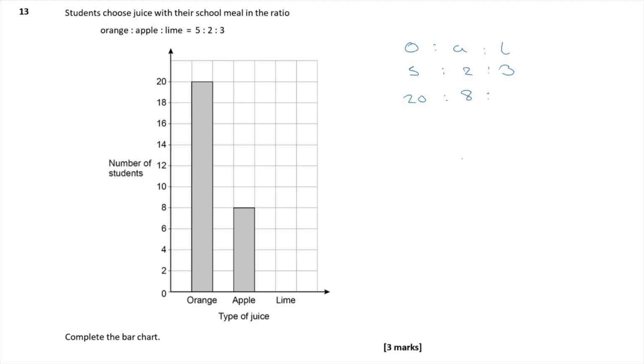So from the basic ratio, how many times do I have to multiply up to get the actual number of students who had that drink? Well, you can see that 20 is 4 times bigger than 5, as is 8 and 2. 2 times 4 is also 8. So if I times 3 by 4 as well, I'm going to get 12. So that's the height that I need to draw my bar for lime.